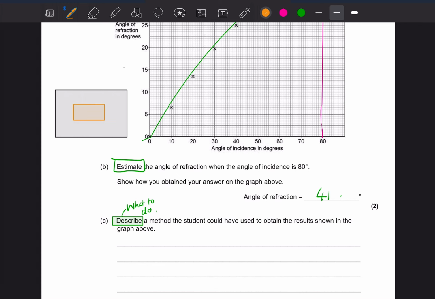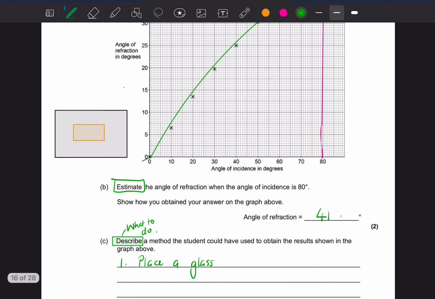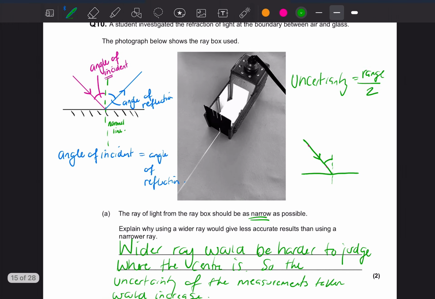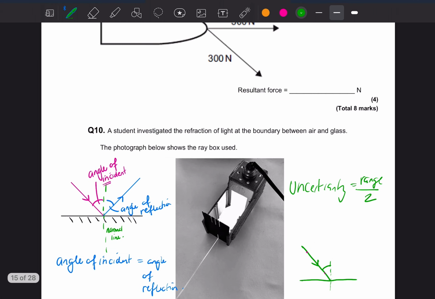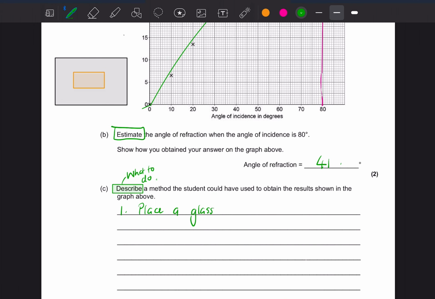So step one is to place a glass block on a piece of A3 paper. You could also use perspex, but that's fine. Did they say it was glass? It didn't say what it was, so you could say perspex.